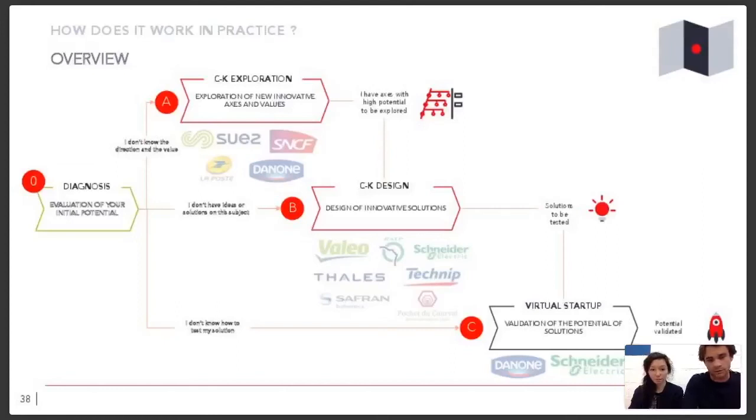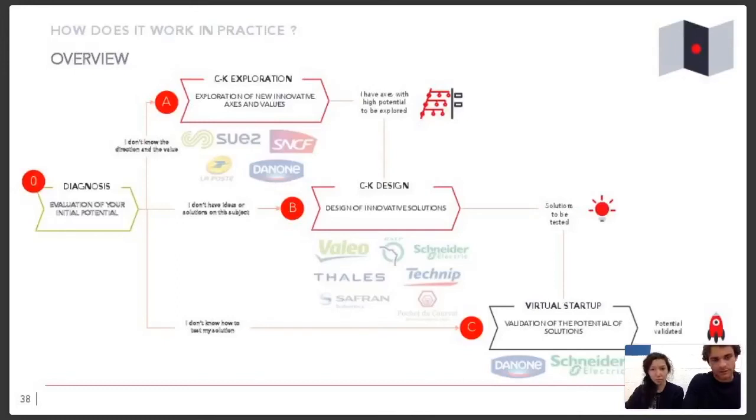And we would go for C with you guys. Or the opposite could be true as well. We could say, okay, the problem is that I don't know how to structure my area, so we would start with A and so on. So this is how we structure the approach.